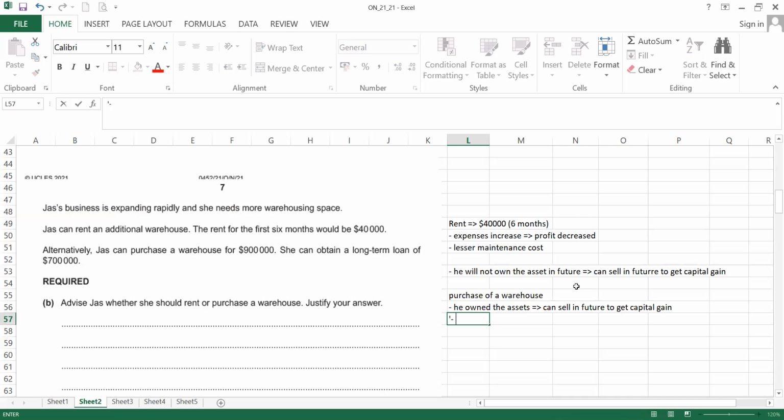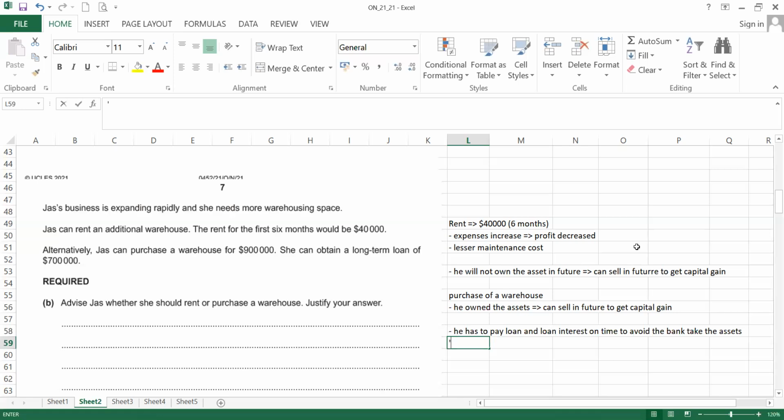the disadvantage. Because the amount is high, the disadvantage is that he has to pay the loan and loan interest on time, to avoid the bank taking the asset.